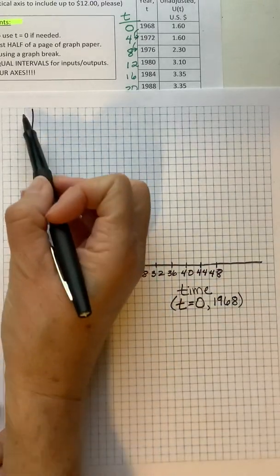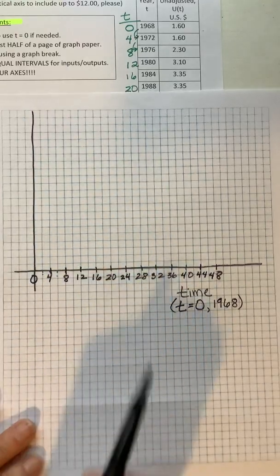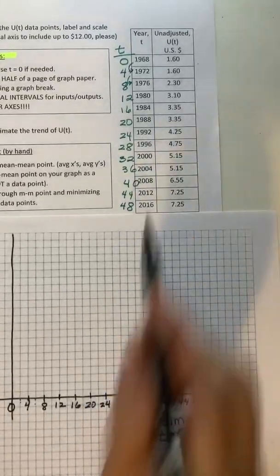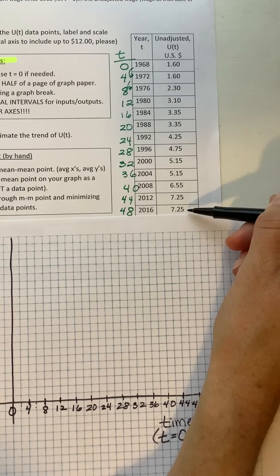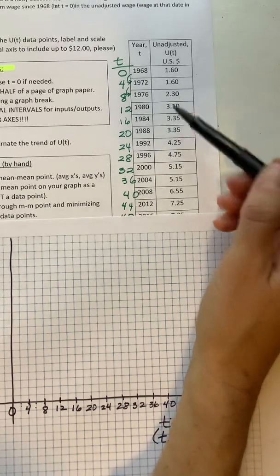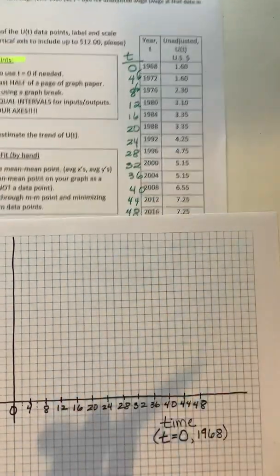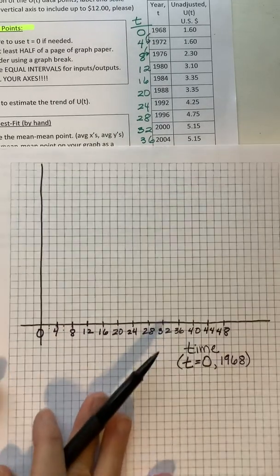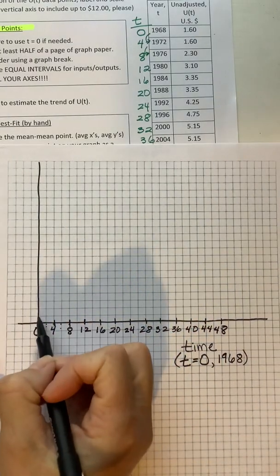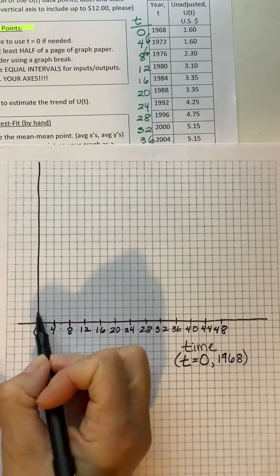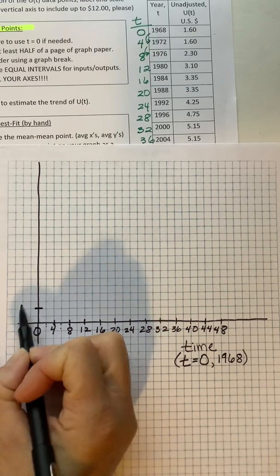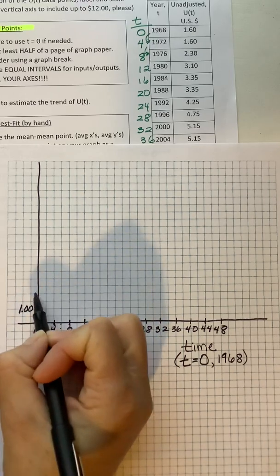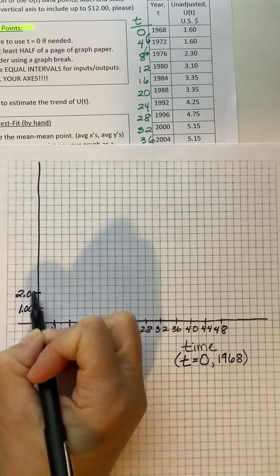And now I need to figure out what to go by, or my intervals, for talking about the minimum wage. Right now, unadjusted minimum wage is $7.25. Way back in 1968, it was $1.60. So that's really only $8 that I need to fit here. And as I know about money, I could go by like 50 cents, right? So I'm gonna skip one and I'm gonna call that $1. Skip one, $2.